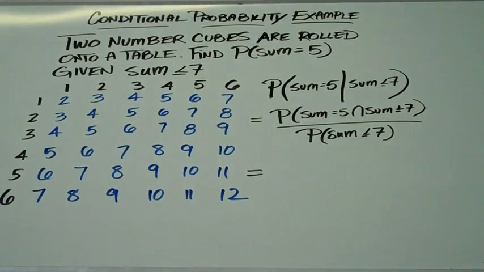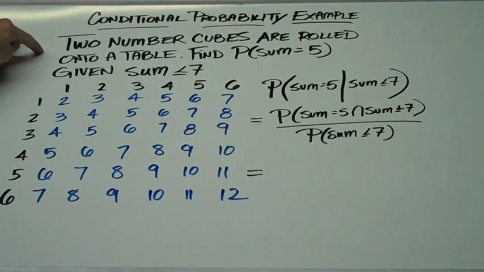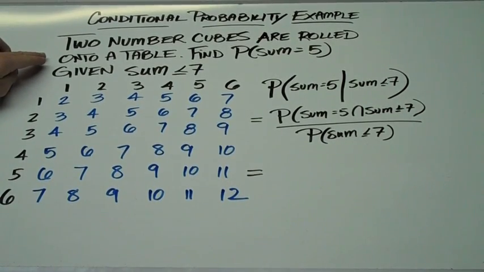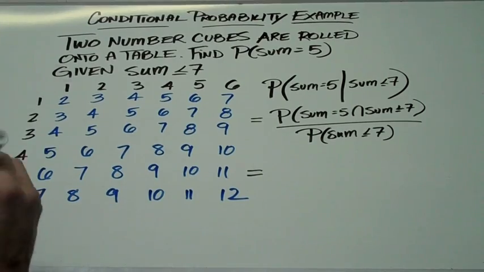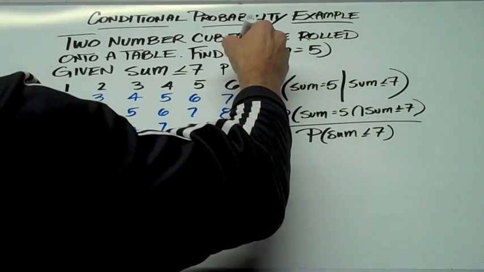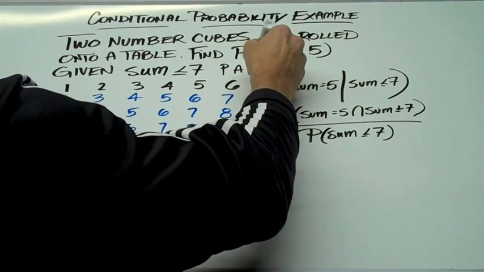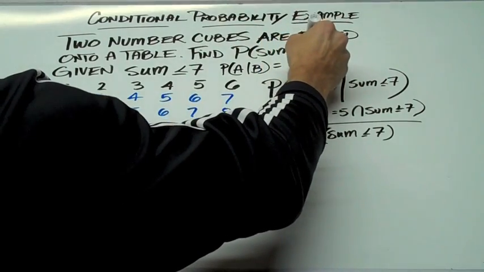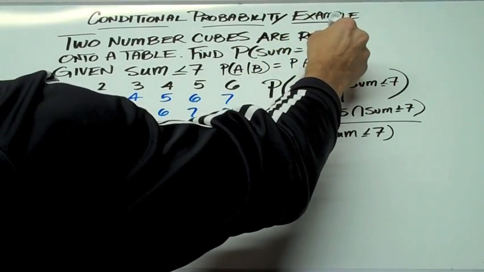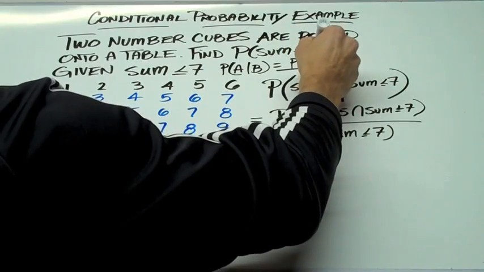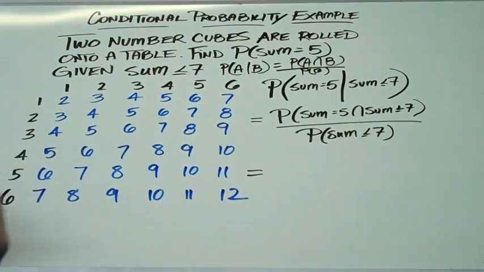Here's a fairly straightforward example using conditional probability. It says two number cubes are rolled onto a table. Find the probability that the sum of the number cubes is 5, given that the sum is less than or equal to 7. We know that probability of A given B is equal to probability of A intersection with B divided by probability of B. That's what we're working from.